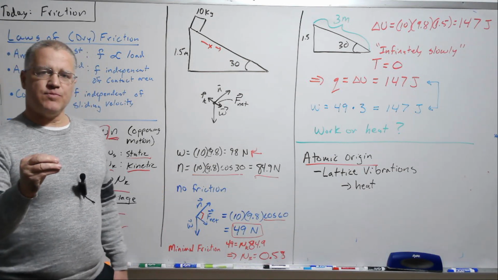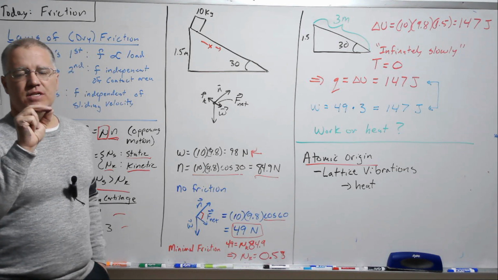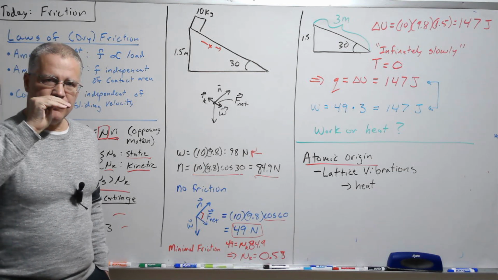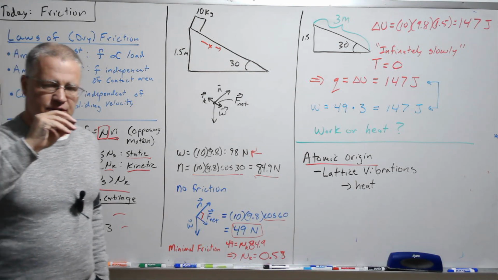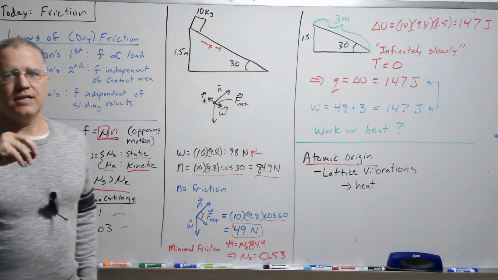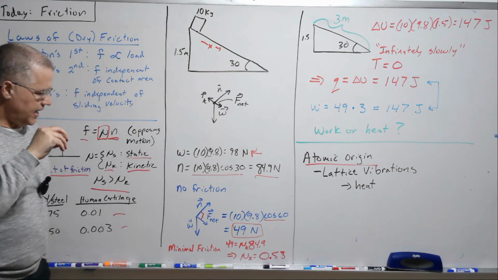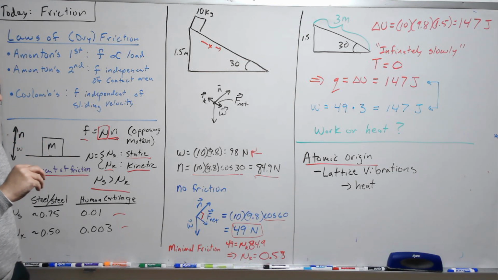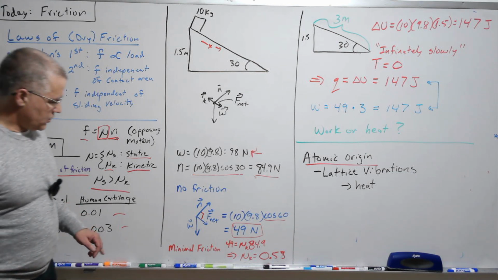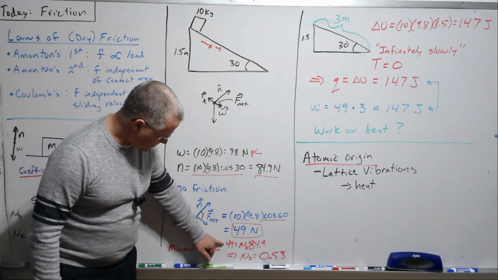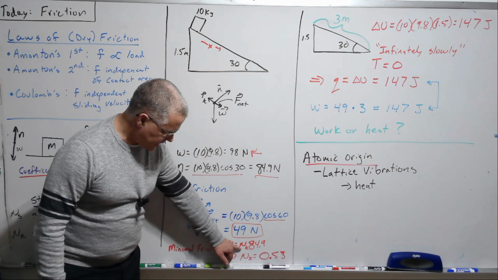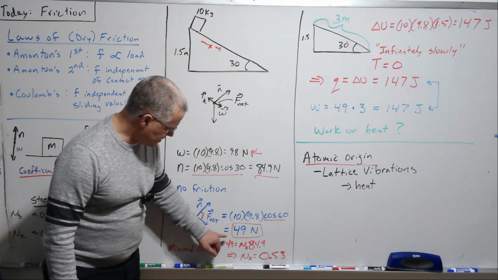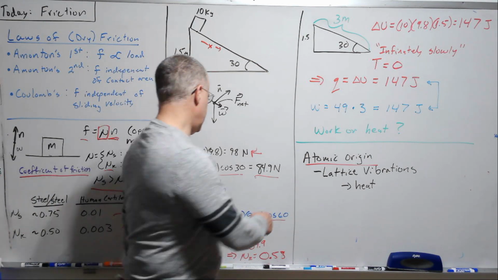So now let's take the special case where we have just minimal friction. So the box is just moving. Any more friction, the box would be stopped. And any less friction, we would be accelerating. In that case, our 49 is equal to our kinetic friction coefficient times the normal, right?